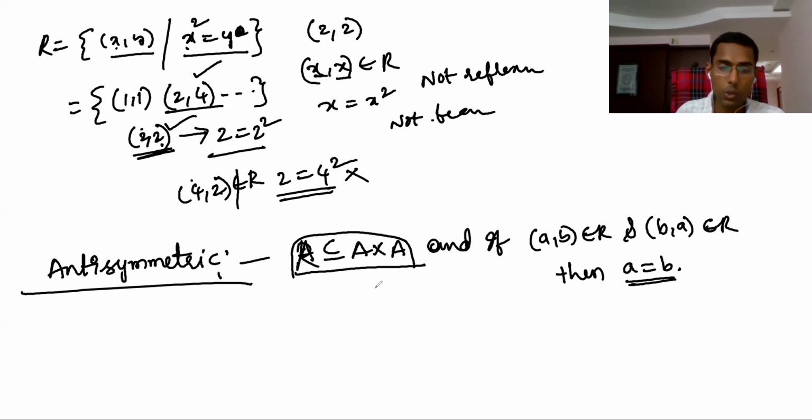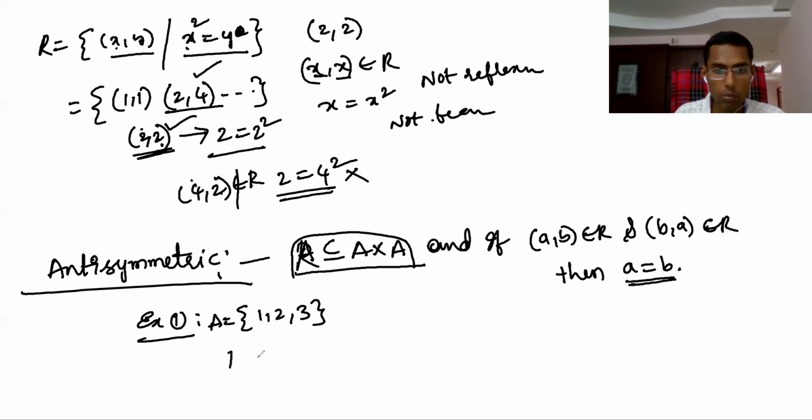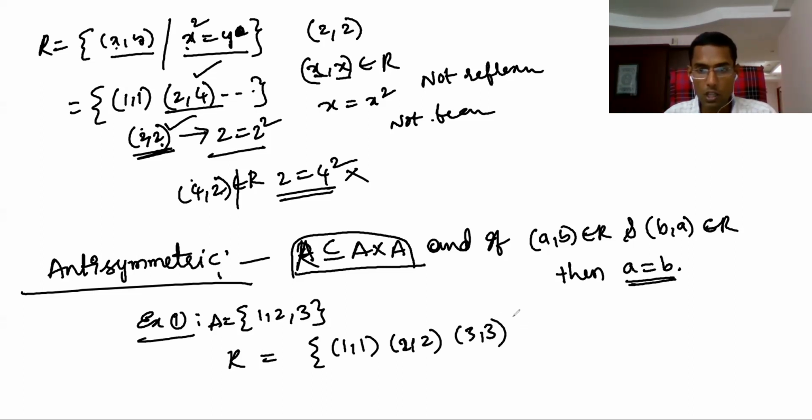Then it is antisymmetric. So for example, what is the example for this? Let's take A is {1, 2, 3}. R I am taking as the relation: 1 comma 1, 2 comma 2, 3 comma 3. Okay, this is antisymmetric. Not only that, it is symmetric also.